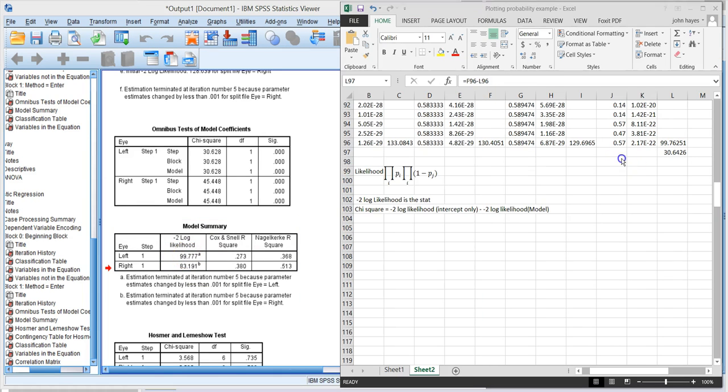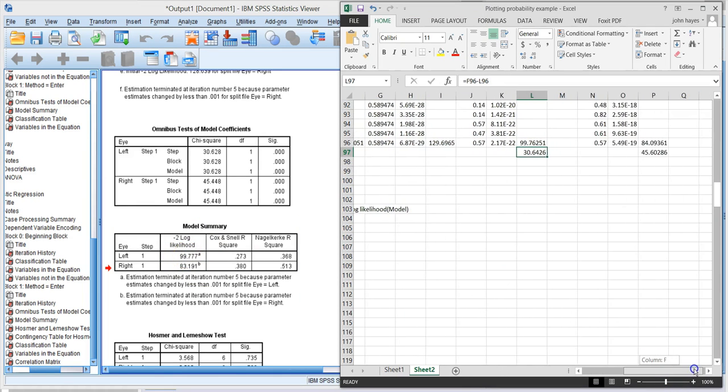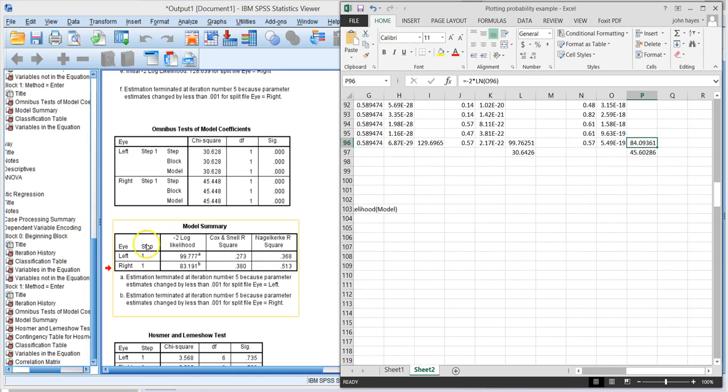This is the left eye. This is the right eye. When you get down to numbers that have that many significant digits, it gets hard, and you get little tiny rounding errors. So we're at 99.77 and 83.191. Pretty close. Now, that's for the model.